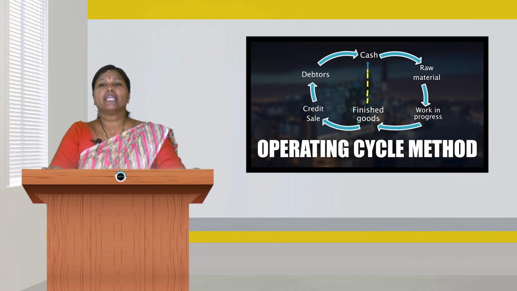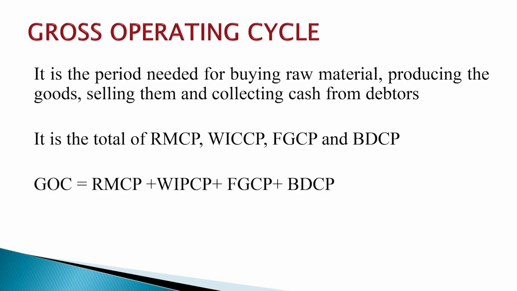First, to calculate the gross operating cycle, we apply one important formula: gross operating cycle is equal to raw material conversion period plus work in progress conversion period plus finished goods conversion period plus book debt conversion period.